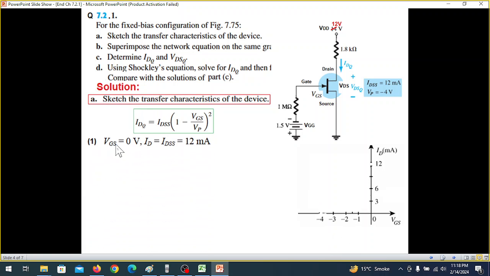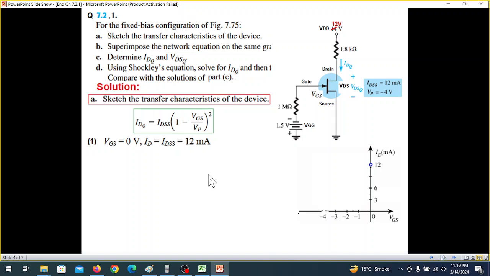First we say that VGS is equal to 0 volt. So we are here now at 0 volt. So putting VGS 0, this will become 0. Therefore IDQ or ID is equal to IDSS. So ID is IDSS and IDSS given here is 12. Therefore at 12 we mark a circle. That's the first point.